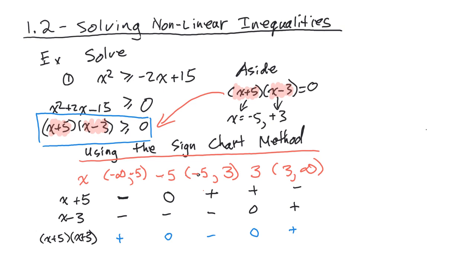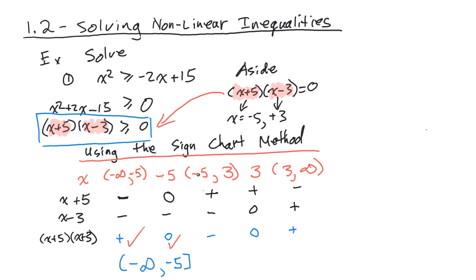The intervals are from negative infinity to, well, let me check off the stuff that works. So I'm going to check off that works, and that works, right? Now, because this -5 is on one of the boundaries, we're going to have to write -5, and instead of a round bracket, we're going to use a square bracket.